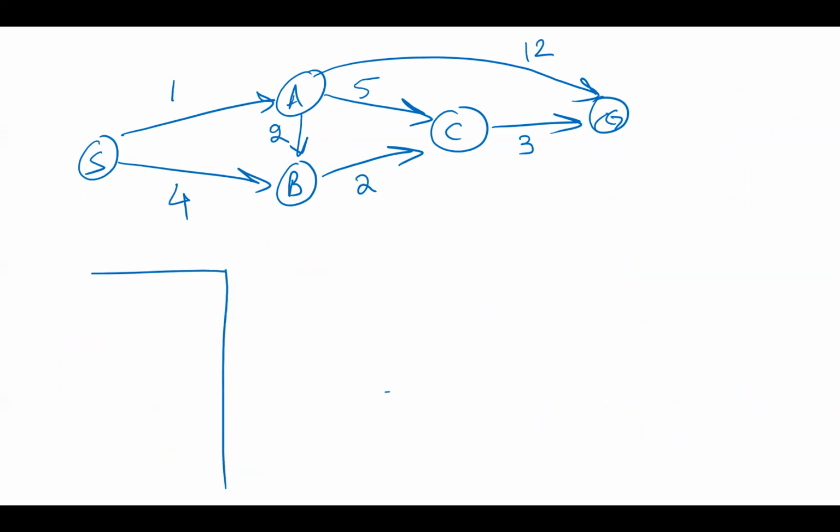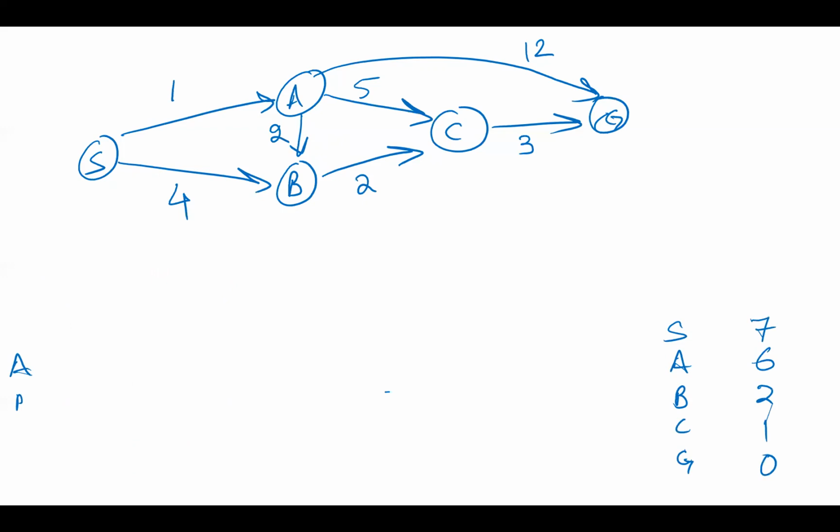And we had our heuristic. S, A, B, C, G, right? This was 7, 6, 2, 1, 0.